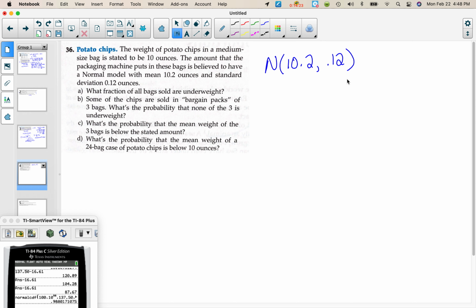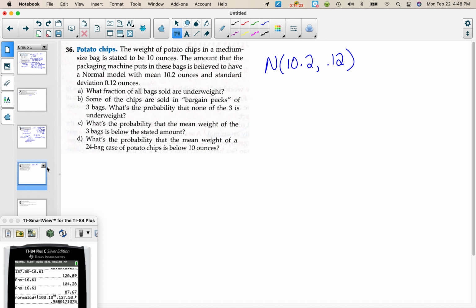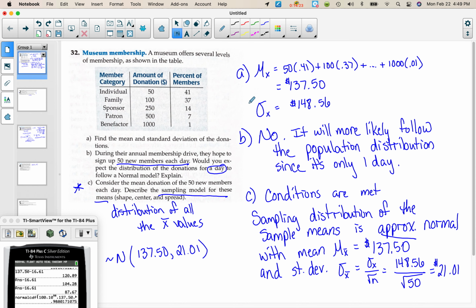Now, this is different. Remember in the preceding problem we did, our population was not normal. This was definitely skewed. It's all bunched up at the individual and some family and tapers off, so it's definitely skewed to those higher dollar amount donations. But now we're told that it's normal. So the difference is, whereas here we had to say that if the conditions were met, it was approximately normal, now it's exactly normal.